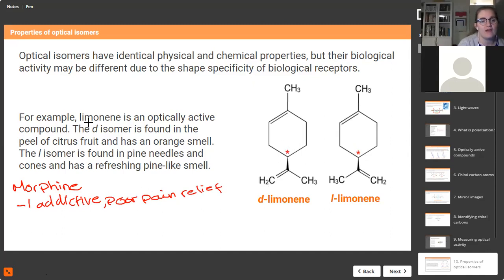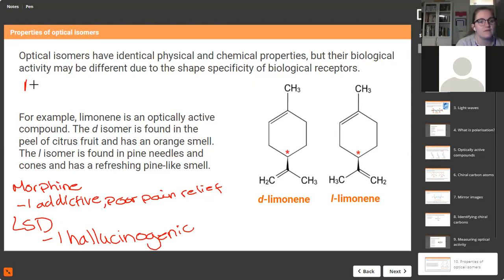Another example where they have different biological effects is LSD. LSD is obviously a hallucinogenic drug, but actually only one of the isomers is hallucinogenic. The other isomer isn't, and that's all to do with that optical isomerism.